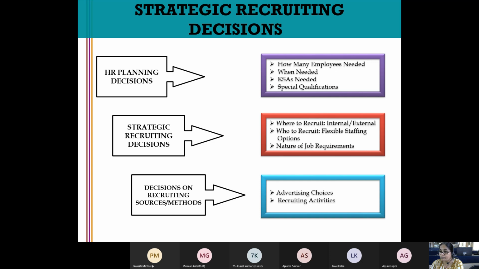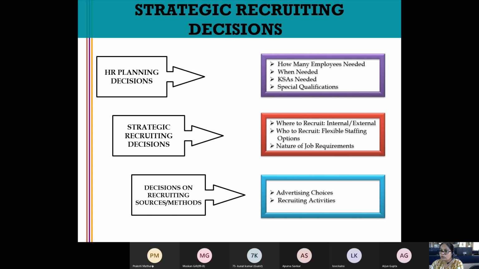There is no creativity because they know the company and the policies existing in the organization. That's why we want to increase the competition in the company, and we go for external. There is a broad variety of people available there. So where to recruit, that is the strategic choice.